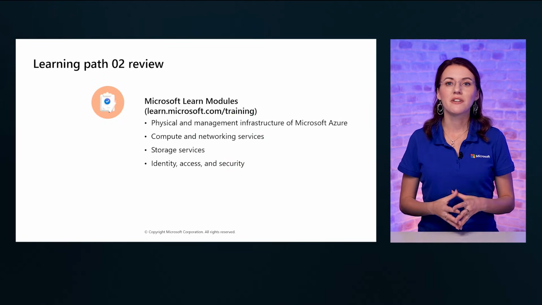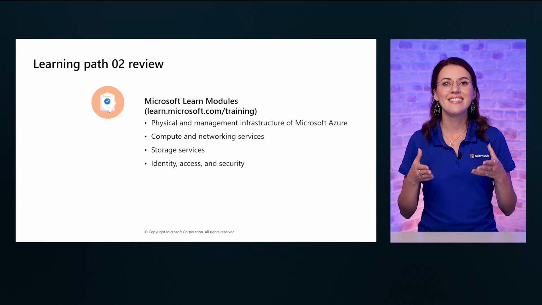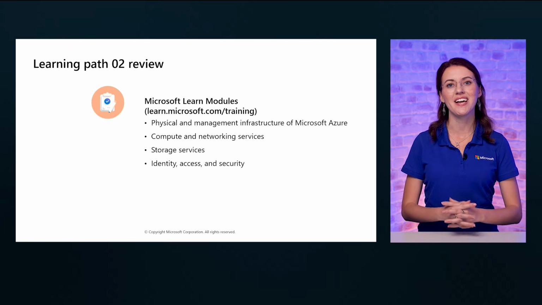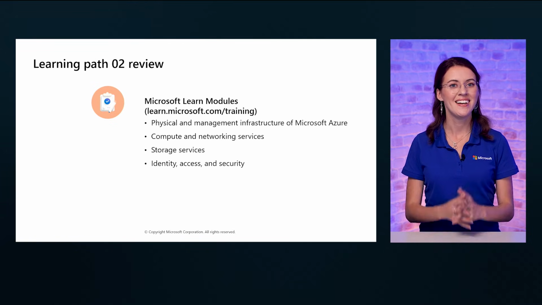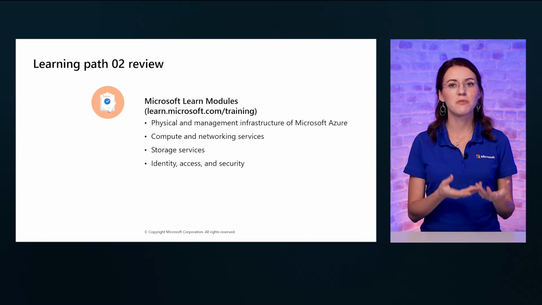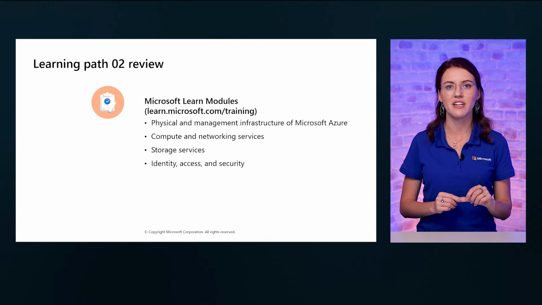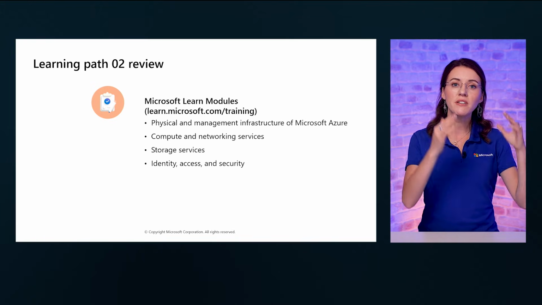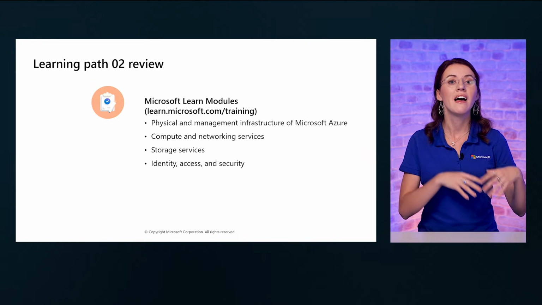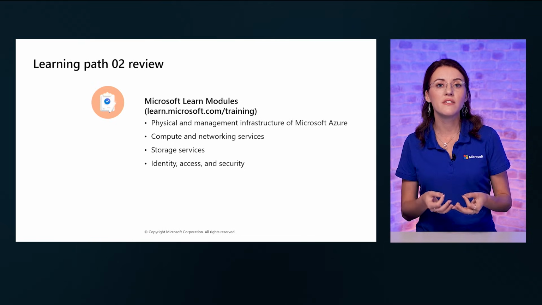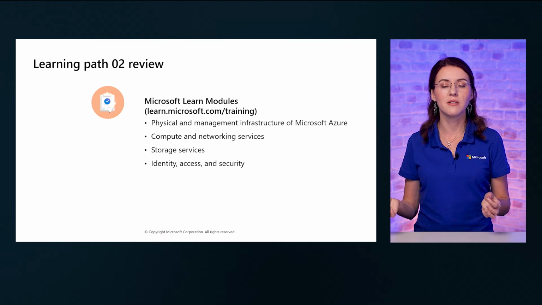Let's take a moment to recap everything we covered in the second session of the AZ-900 Microsoft Azure Fundamentals course. In the first part, we explored the physical and management infrastructure of Microsoft Azure. You learned how Azure is built on a global network of regions and availability zones, designed to deliver resiliency and high availability.